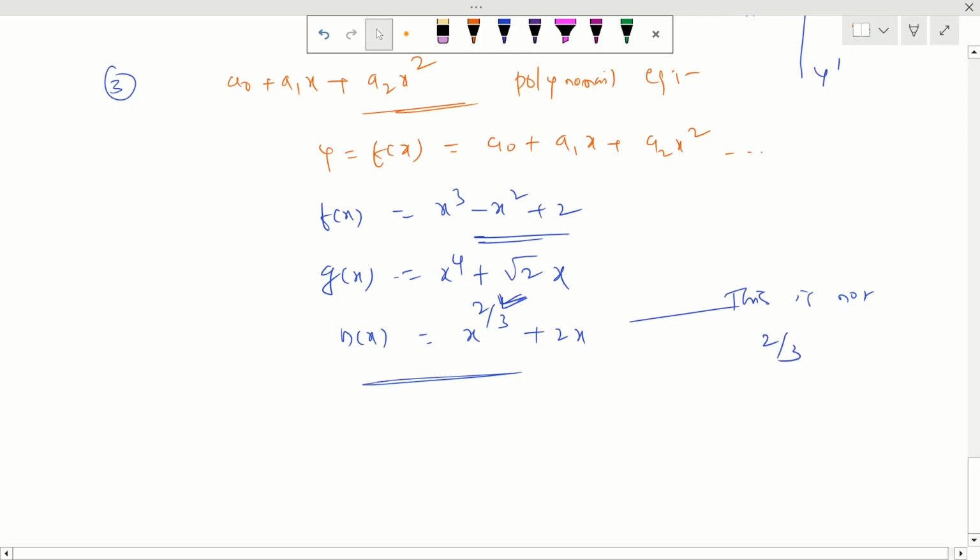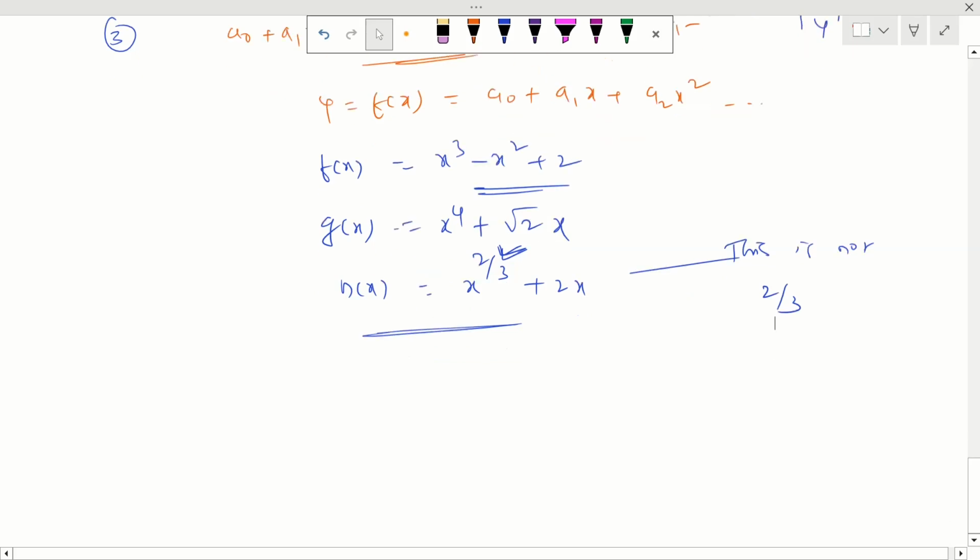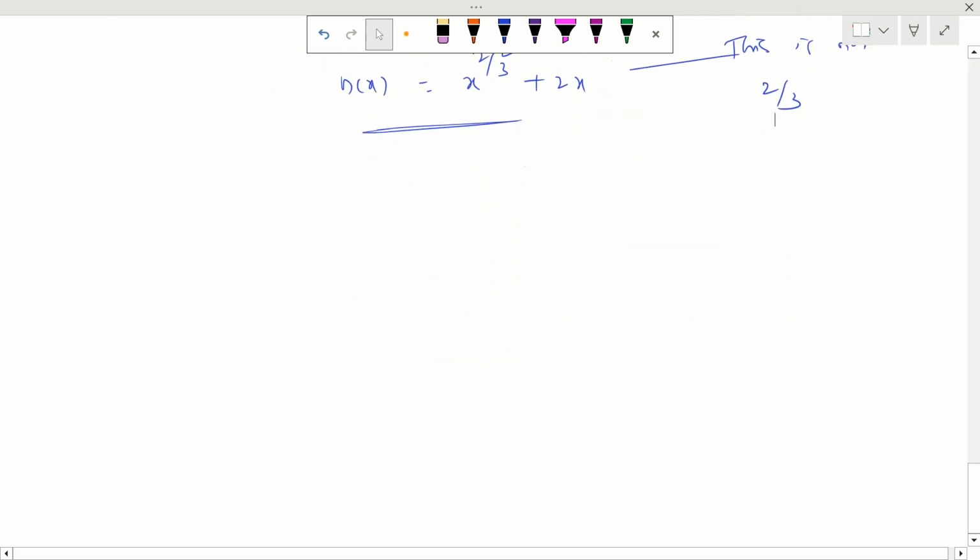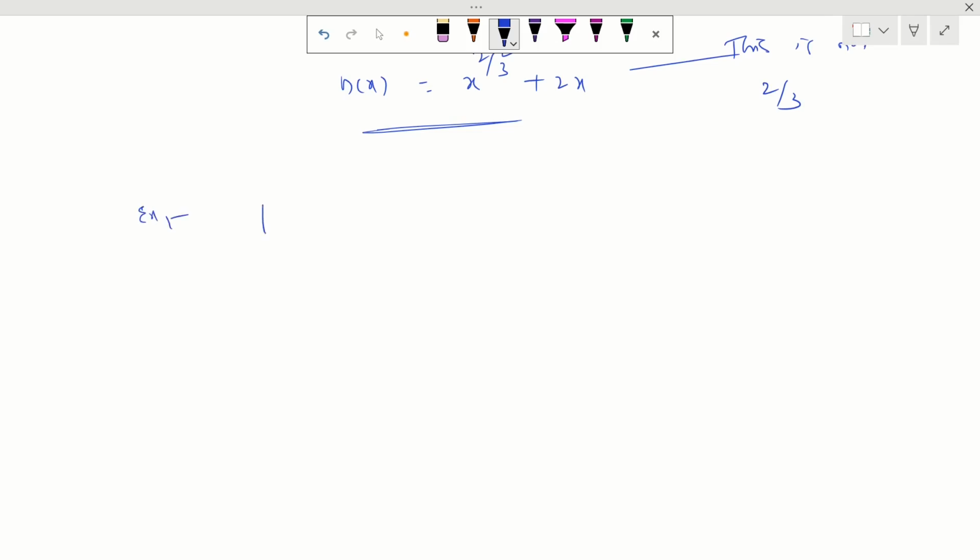Now we are going to discuss some examples. The function relation is given, y is equal to f of x is equal to x square, where x belongs to R. So here we have to put in real numbers.